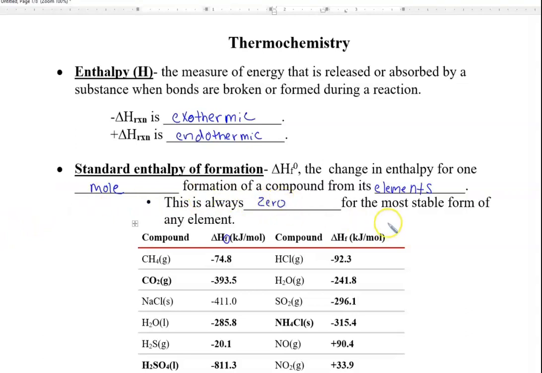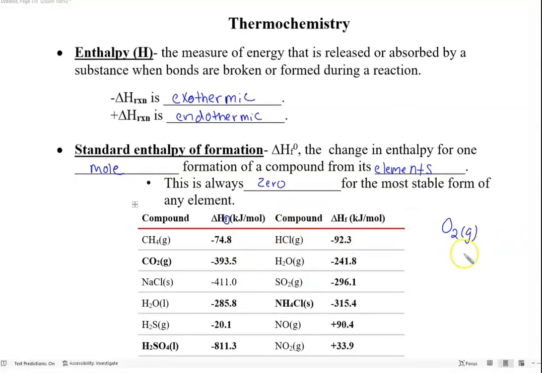0 for the most stable form of any element. With that being said, so pure elements, let's pick oxygen for a second. So O2 as a gas, we're not going to see it in the chart because that is the most stable form. Basically, we're saying that it doesn't take any energy to make oxygen from oxygen. So in our data table, you're not going to see any pure elements.